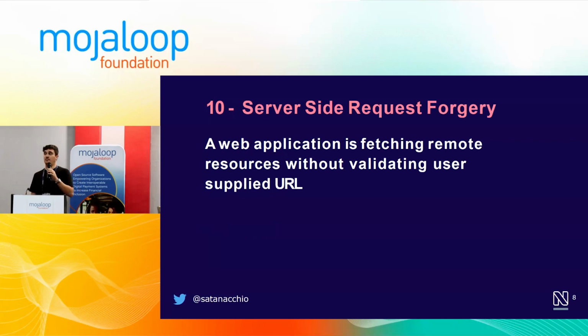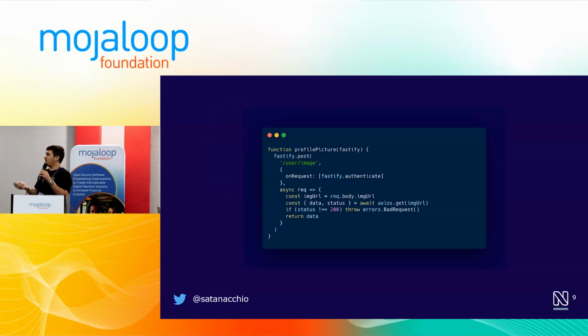For example, you all have third-party APIs that you call in your application, and if those APIs are untrusted or are not validated, they could lead to some disclosures of information. The most common example is when you have a profile picture and you insert a URL, and the server fetches that URL without checking what's actually contained in there.